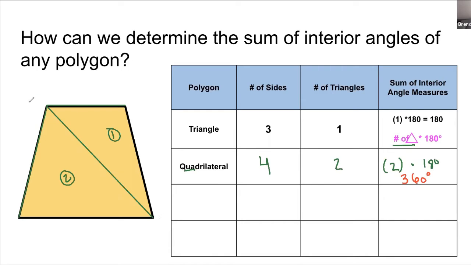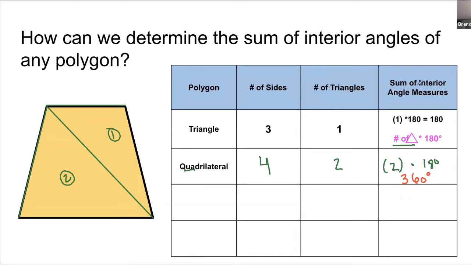And we can draw parallel lines to each of the sides and continue to apply the same theorem as with our triangle sum theorem. But here with this table, we're able to see that because we have two triangles, we multiply by 180 degrees and it gives us 360 degrees.